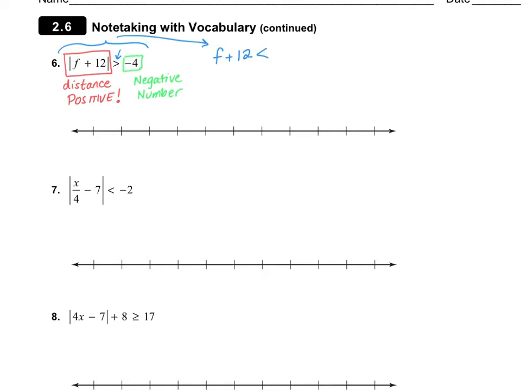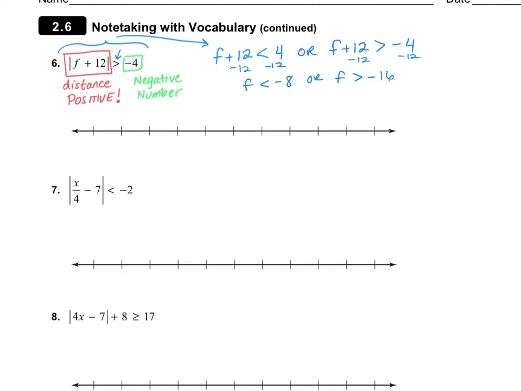So the opposite would be a +4, and then we use the word or, and then what's inside the absolute value is greater than the number that we're given. Okay, so if we solve both of these, we're going to subtract 12, and we get f is less than -8, or, and then we subtract 12, and we get f is greater than -16.